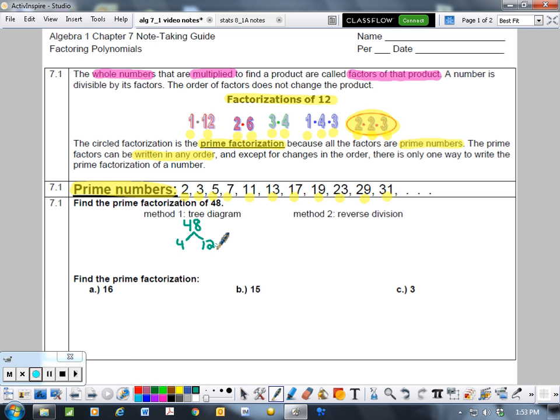Where our second method, reverse division, they have to be prime numbers. And then you just keep breaking it down. Well, 4 is really 2 times 2, and 12 is really 3 times 4, and 4 is really 2 times 2. And then all those little ends are your prime factorization. So I've got a 2, and a 2, and a 3, and a 2, and a 2.